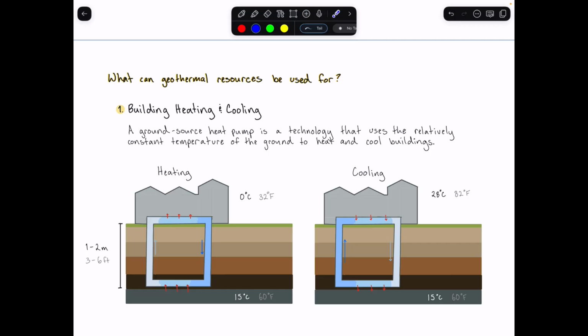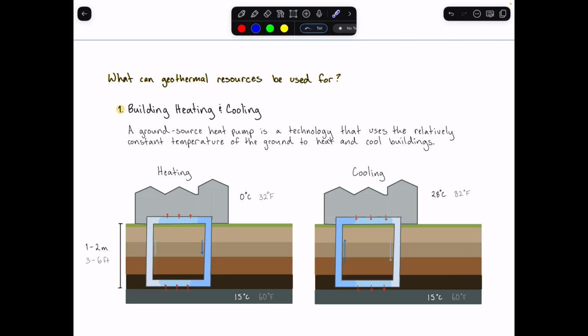So how does it work in the heating application for a geothermal heat pump? Let's say it's 0 degrees Celsius out. It's winter time, it's pretty cold. What happens is a cold liquid is cycled through and goes underground, and this liquid is colder than this underground resource, so it picks up some of the heat from the rock or the dirt underground, is cycled back up, releases some of that heat into the building, and then cycles back around. And then it's basically just flipped in the cooling scenario.